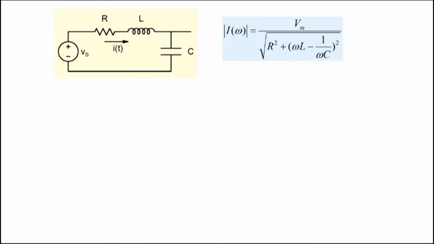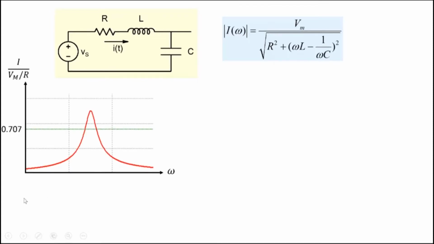And so let's examine the role of R, L and C in a little bit more detail here. In general, we can do a phasor analysis and write down the magnitude of current in this particular manner. And if we plot it out, we will see a behavior like this.